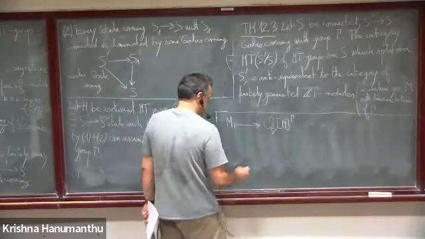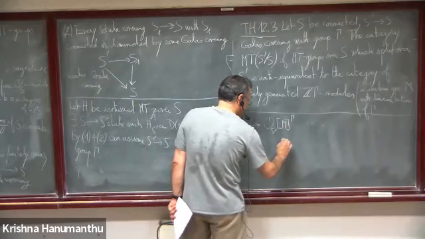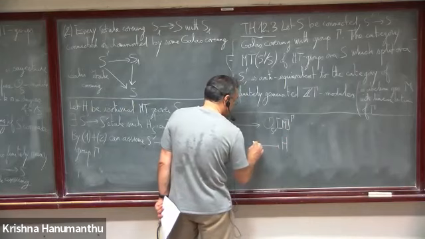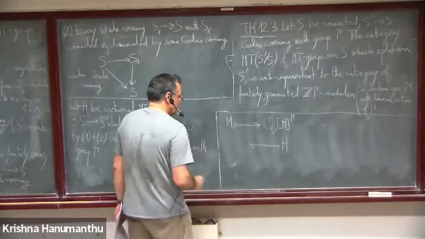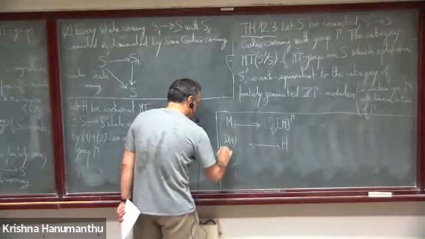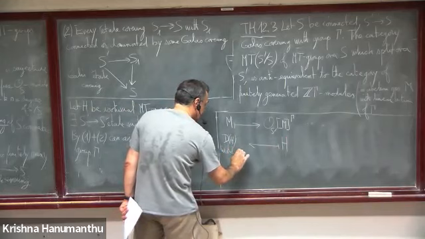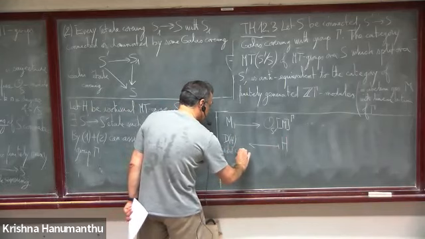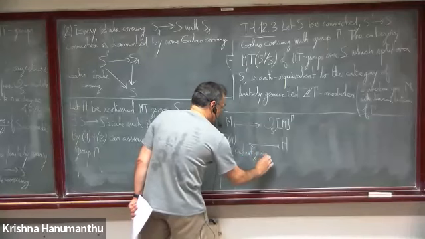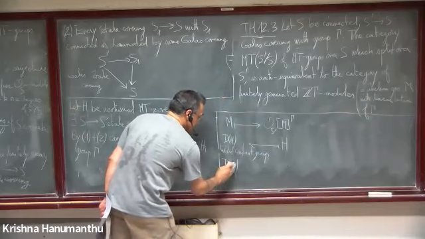In the other direction, if we have an H, we associate to it the character group D of H, which is a twisted constant group.